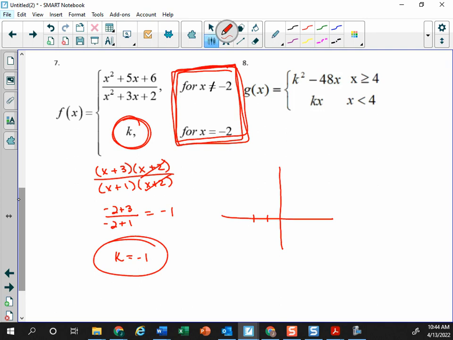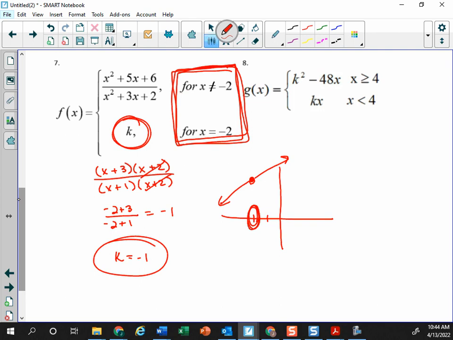I can see one of them, and I'm not going to draw this correctly, pretend that one of them is doing this. I need to know, does the other one fill that in? And the only way I can do that is by using this x value. So that's why I did it.